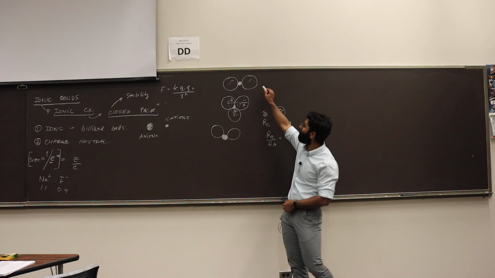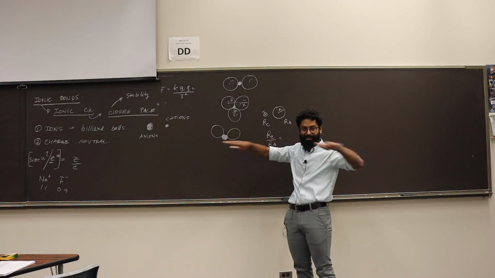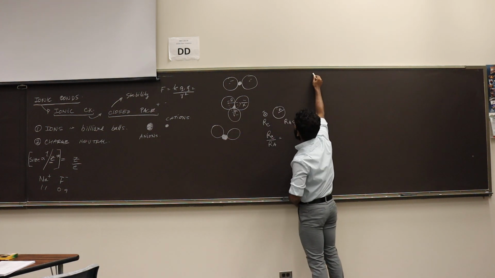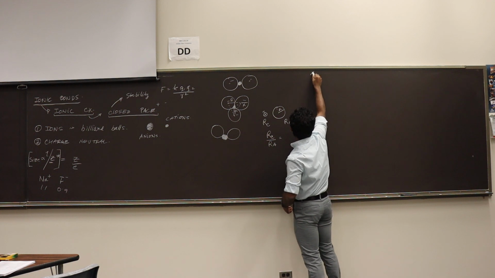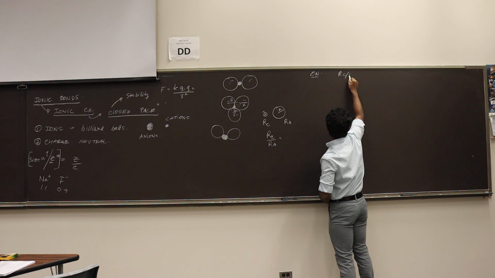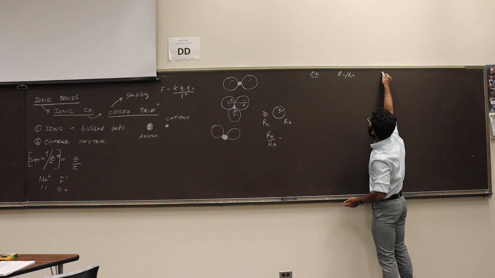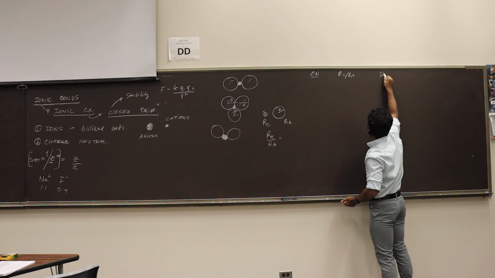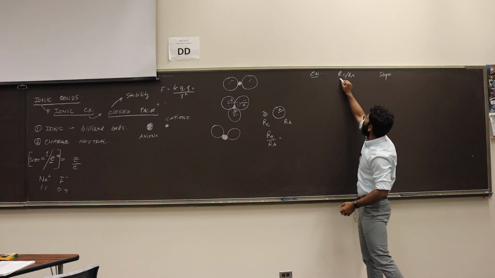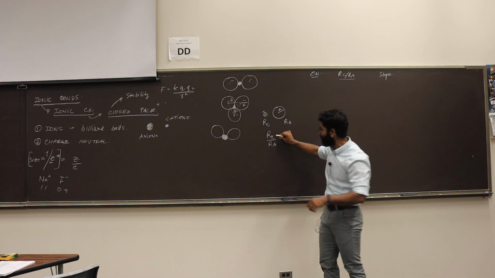Okay, so what's the shape of the lattice structure here? It's linear, right? So the radius ratio is always cation over anion.